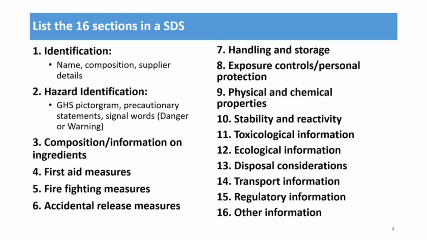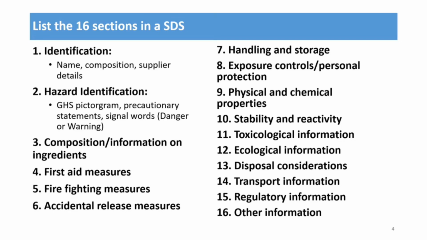An SDS document should contain 16 sections. Section 1 specifies the chemical name and composition. It also provides the supplier details and contact information. Section 2 is a very important section.